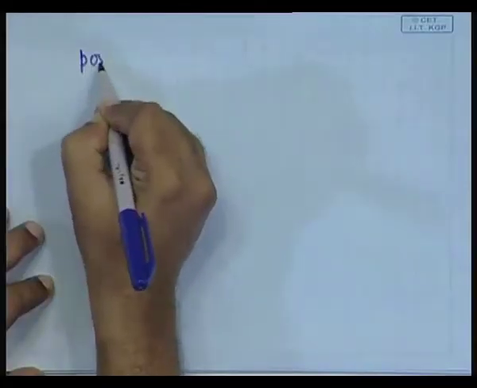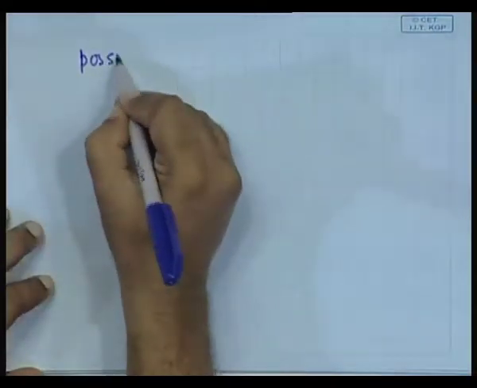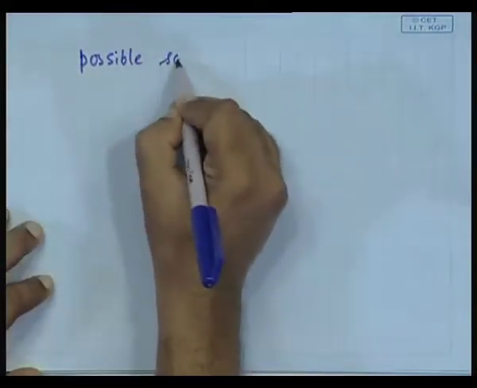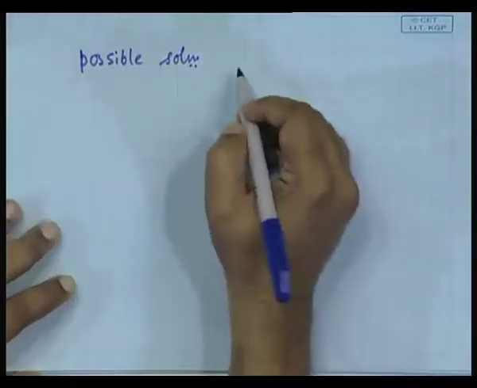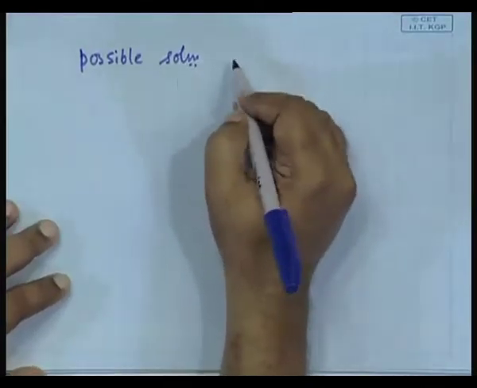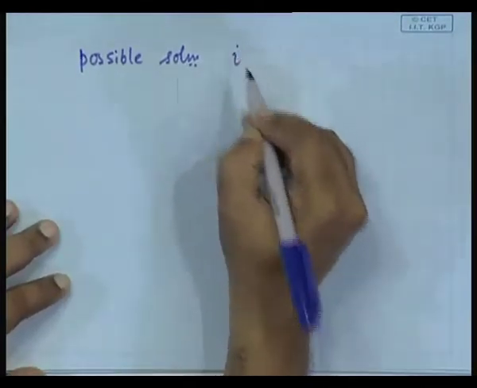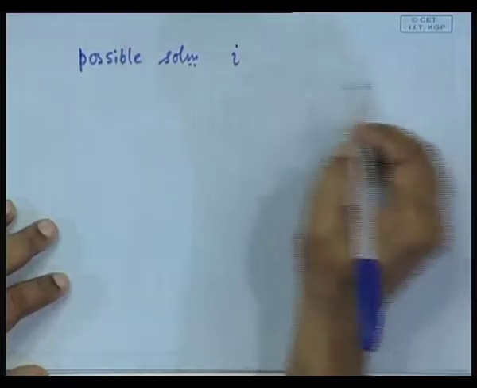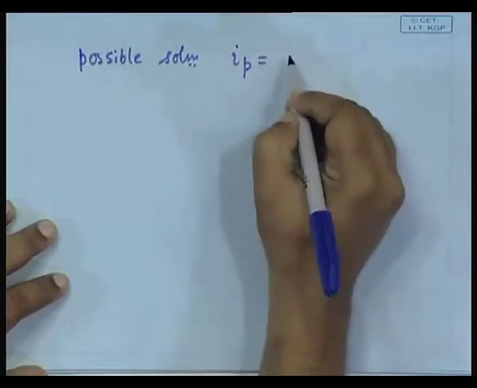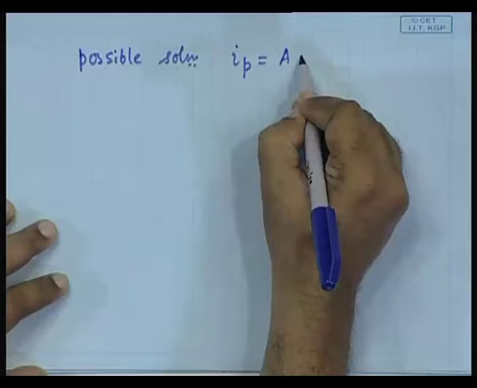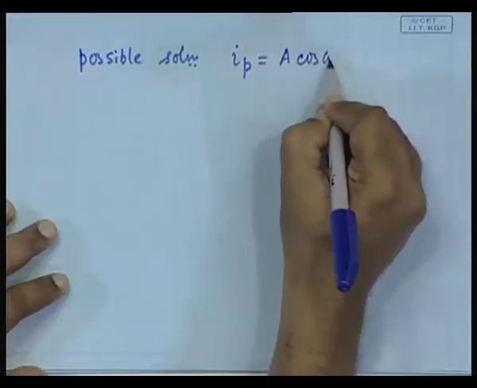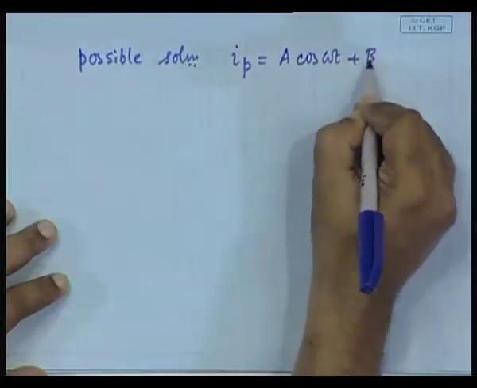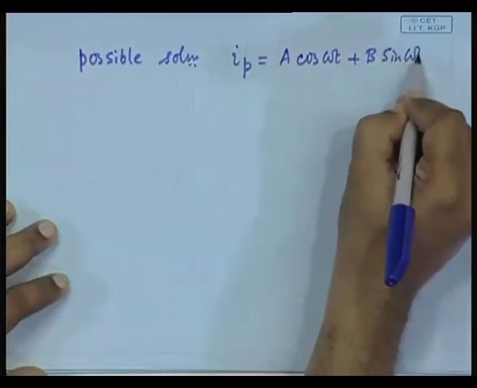So, we will check whether a possible solution is, I will write it as I p is equal to A cos omega t plus B sin omega t.